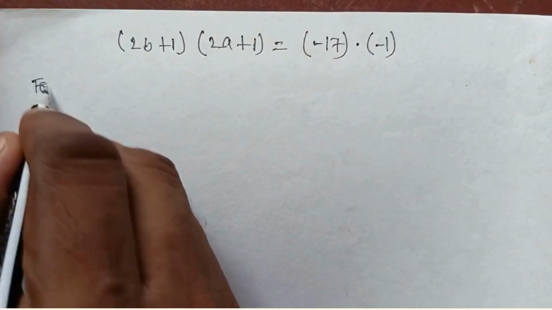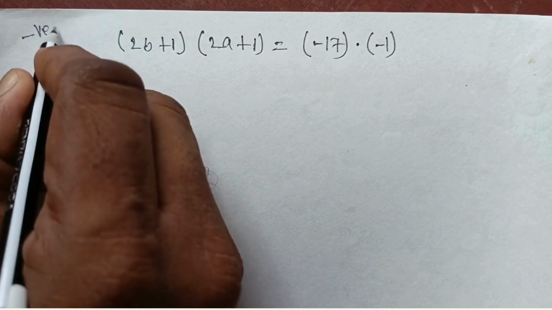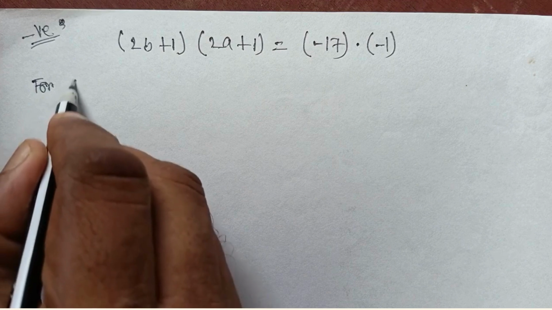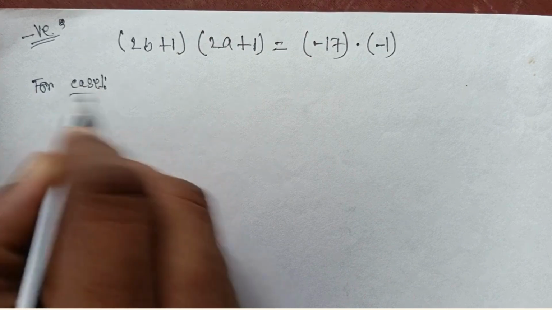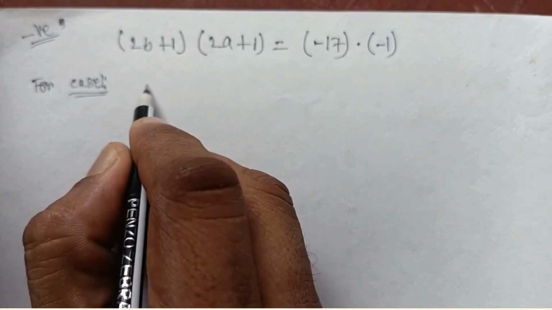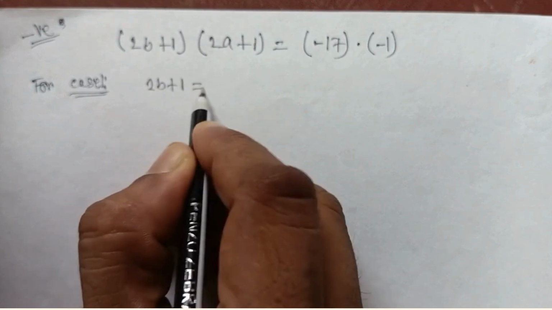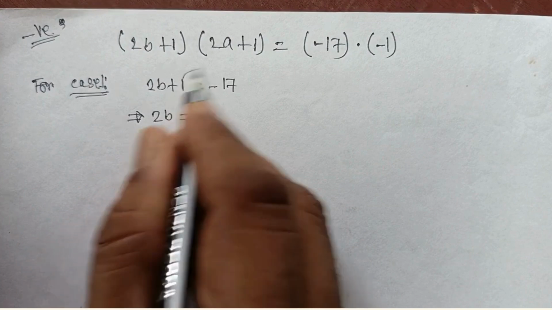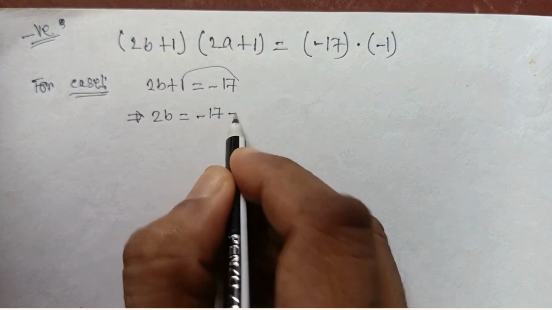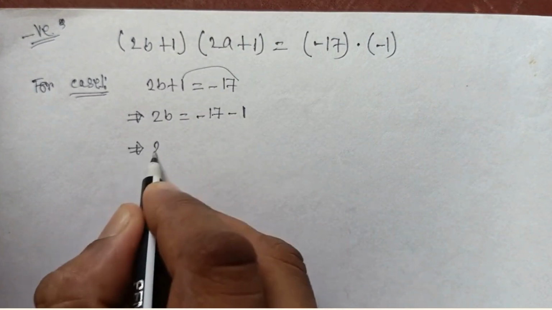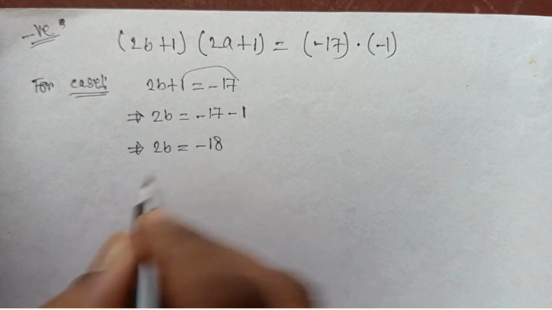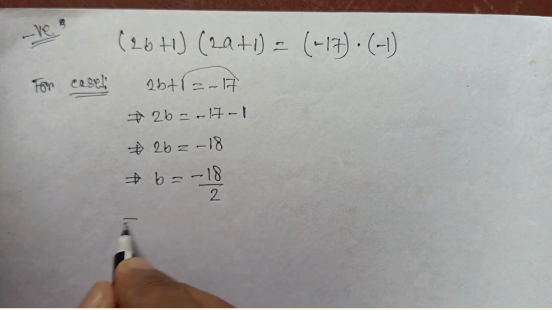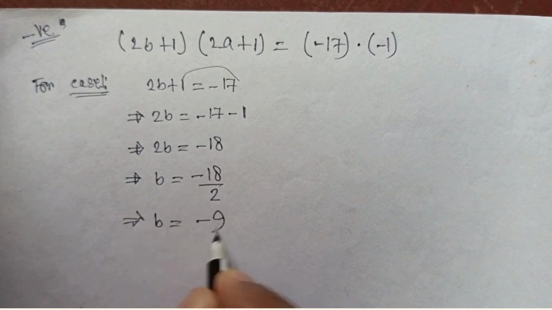For the negative scenario, case 1: if we take 2b + 1 equals minus 17, then if we move that 1 to the right hand side, that will be minus 1. Now 2b = -18, and b = -18/2, and b = -9.